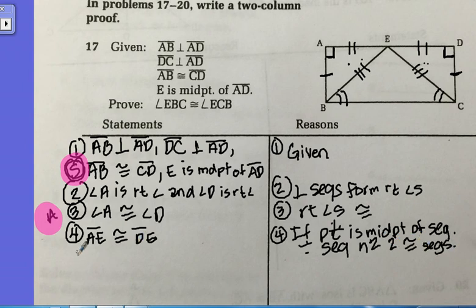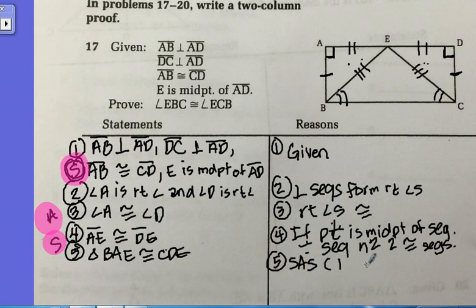All right, then moving on, that gives us our last side. So we now have side, angle, side. We can say that the triangles are congruent. So triangle BAE congruent to triangle CDE through side, angle, side, steps 1, 3, and 4.